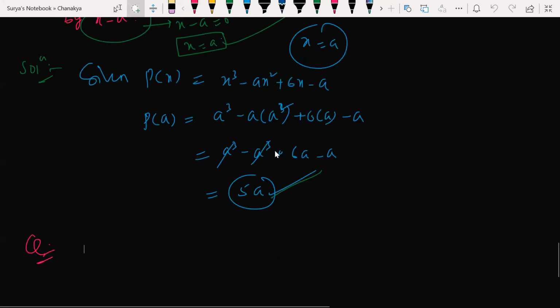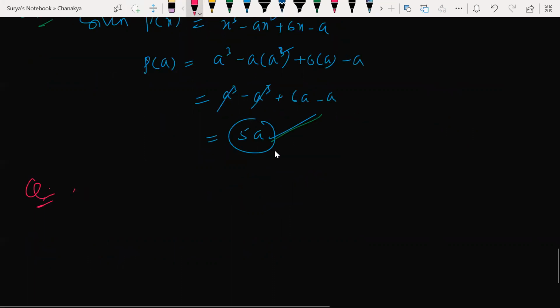Next, we'll solve this. Find the remainder without division. The condition is to check without division.